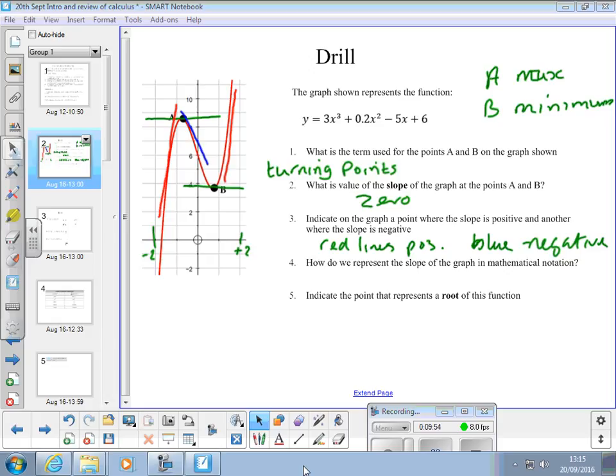If we're using this function where we've got an independent variable x and a dependent variable y, how would we write that in terms of the slope? Yeah, with dy by dx, yeah. dy by dx is one way to write it.